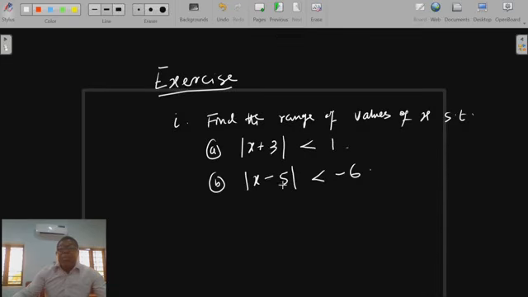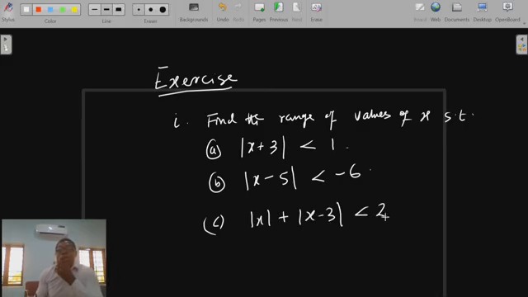Number C, same, absolute value of x plus absolute value of x minus 3 is less than 2.